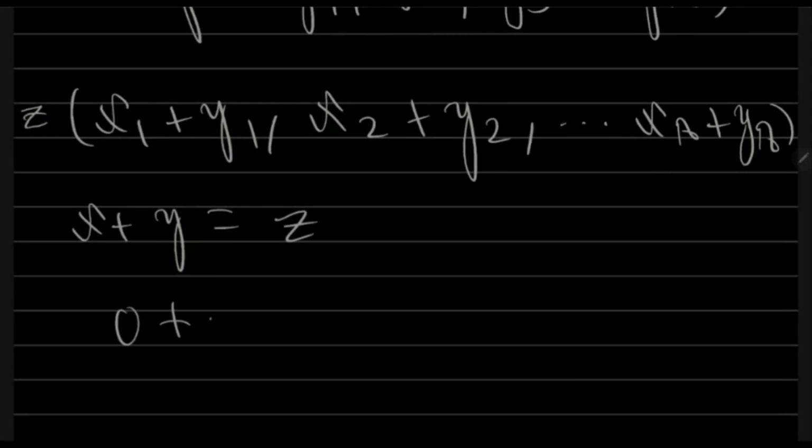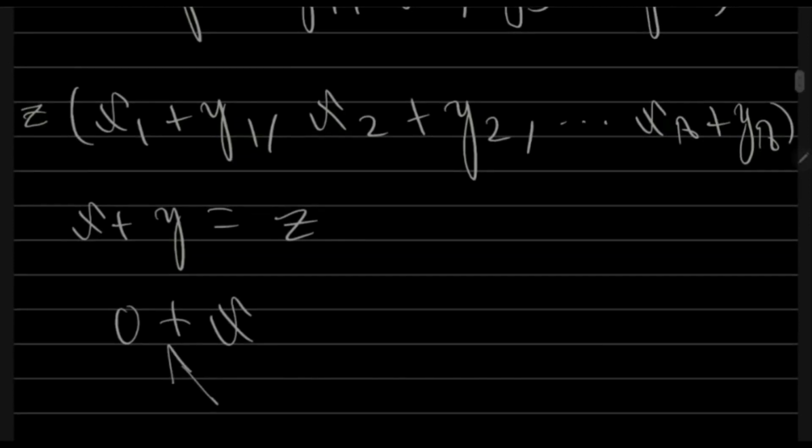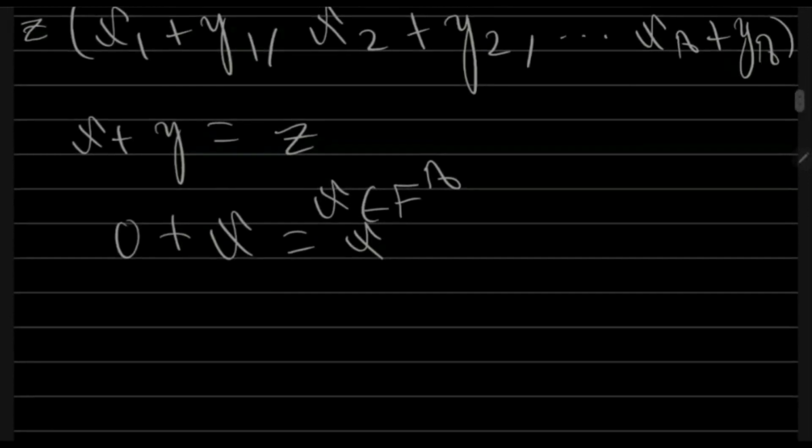So take some vector from a vector space, adding the 0 vector to some vector in our vector space just gives us the original vector.